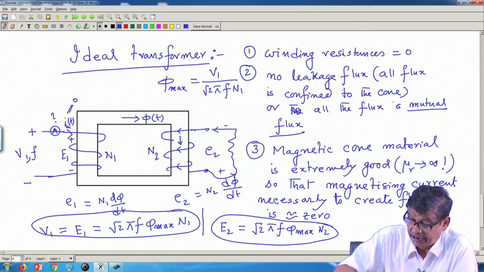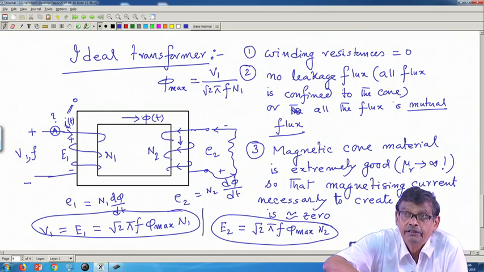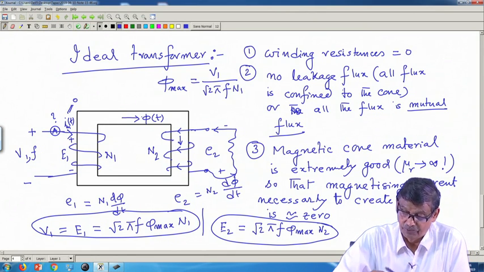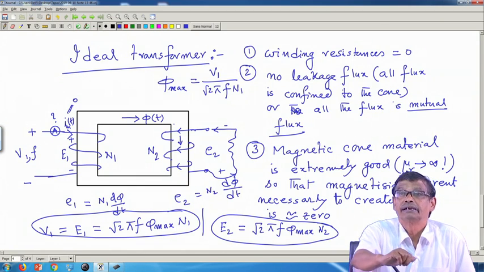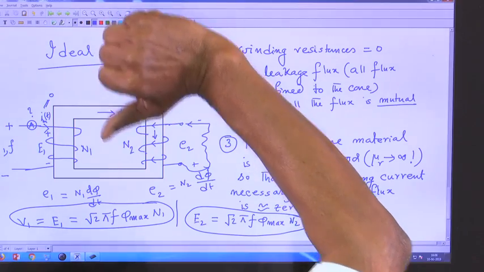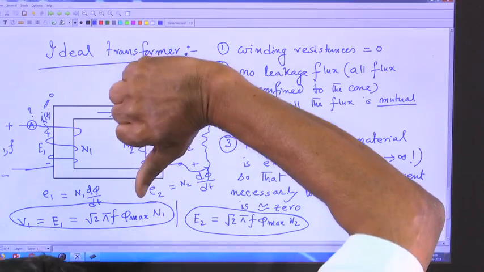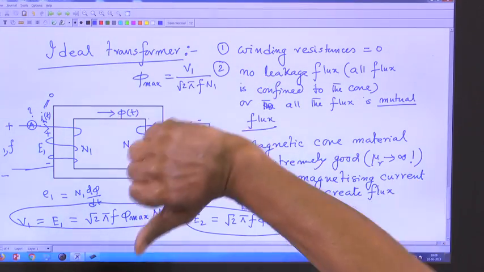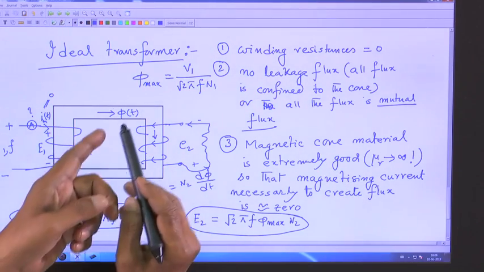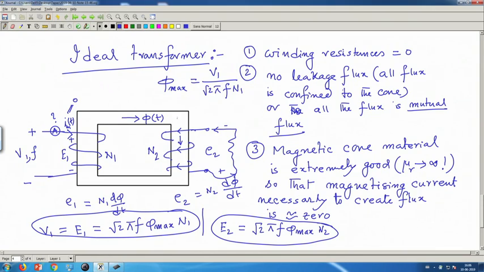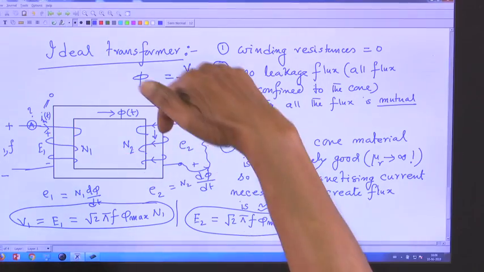Now, I find that at that instant if current flows, the flux in the core produced by this current will also be in the same direction. This was the flux created by I m, it was going up in this direction, and now there is also this flux.